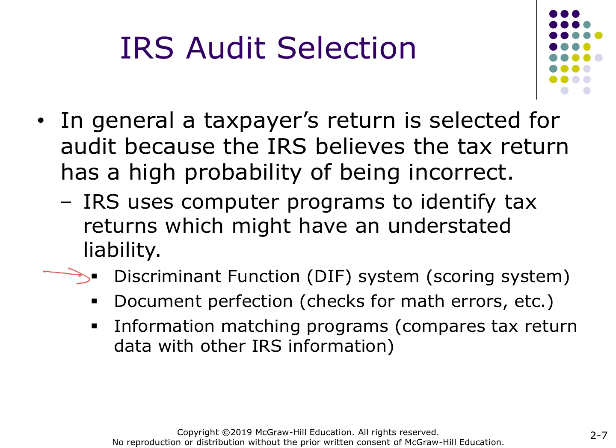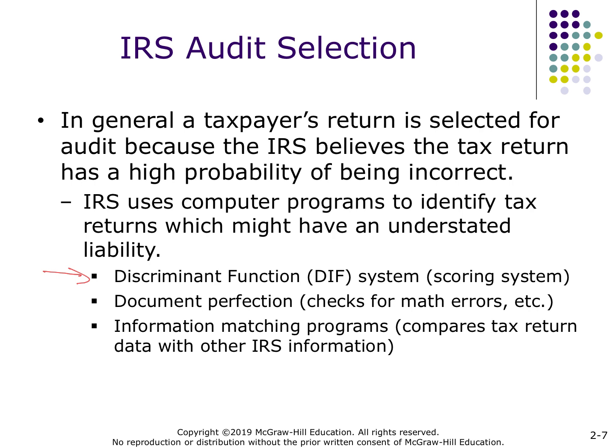And so what they do is they look at your level of income and they compare it to taxpayers across the country that have a similar level of income. So say you're married with 2 children and you make $50,000 a year. They're going to compare your tax return to other married individuals that also have 2 children that make $50,000 a year.